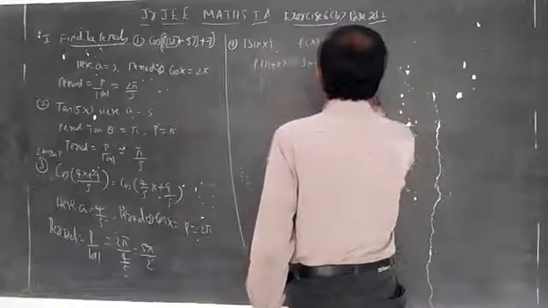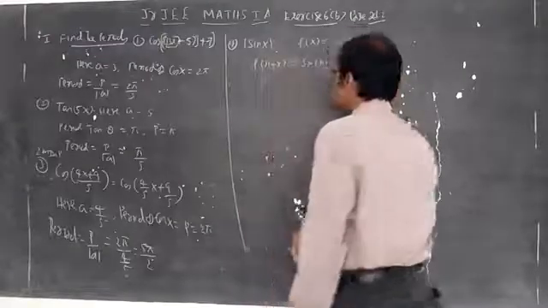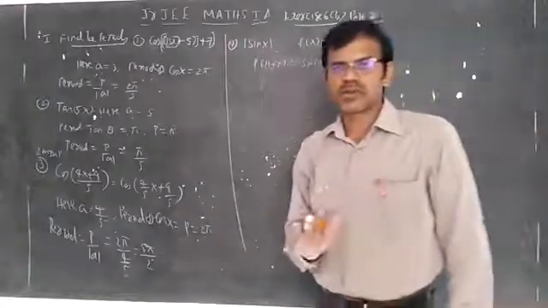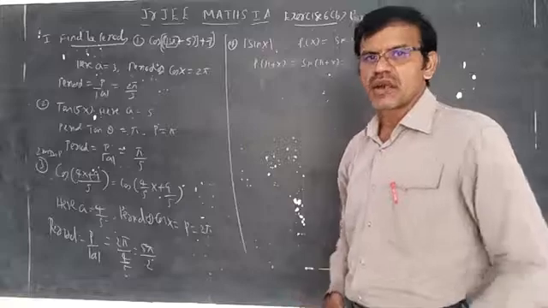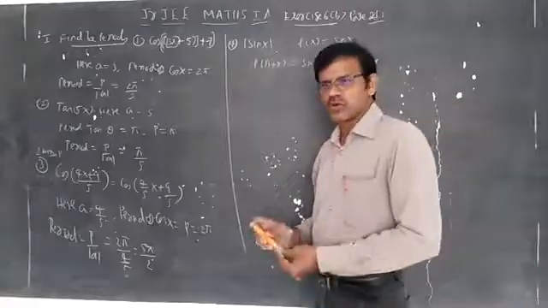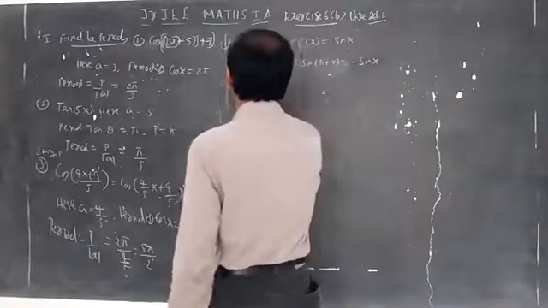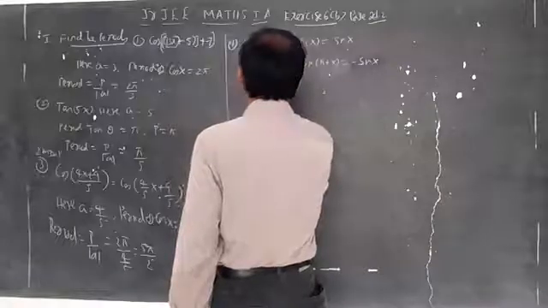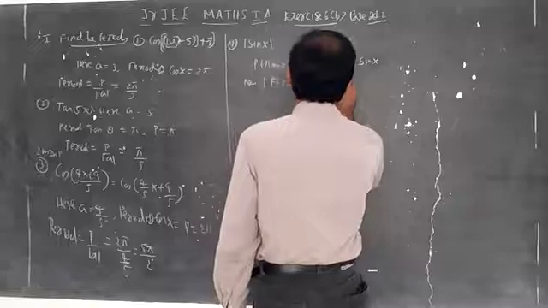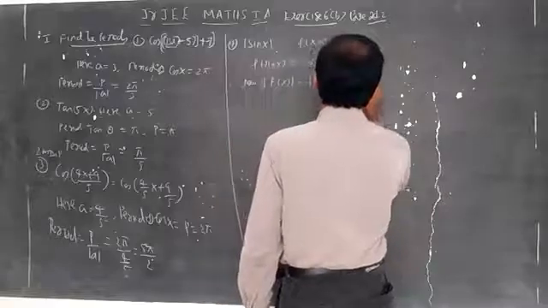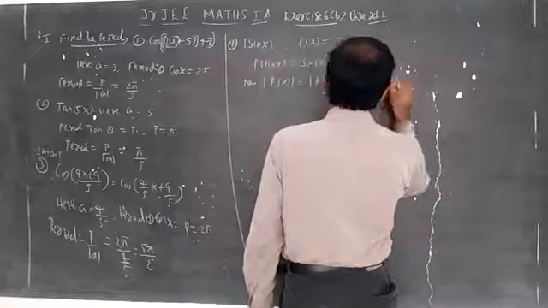Sin of 180 plus theta means minus sin theta. We did not get the proper value, but don't get confused, no problem, modulus is there. Modulus means absolute value, it is positive. So modulus of f of x is equal to modulus of f of pi plus x, that is equal to modulus of minus sin x.